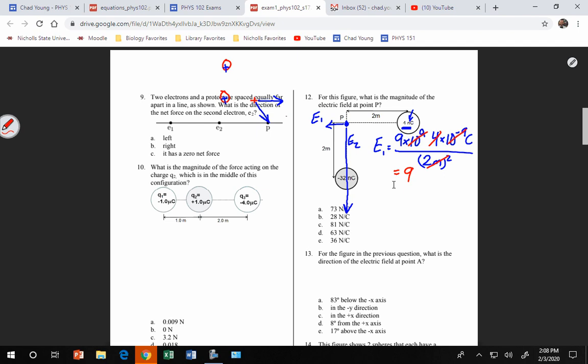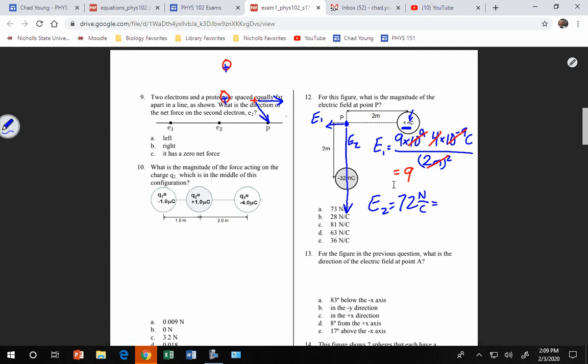And then I know E2 is going to be 9 times 8. Y'all see how I know that? Because the distance is the same here and here. So R is the same, but my charge is 8 times what it is over here. So I could say right away that E2 is 8 times 9. What's 8 times 9? 72 newtons per coulomb.